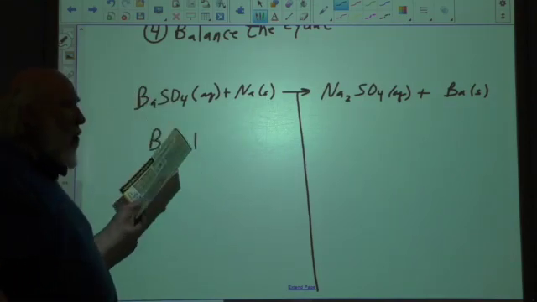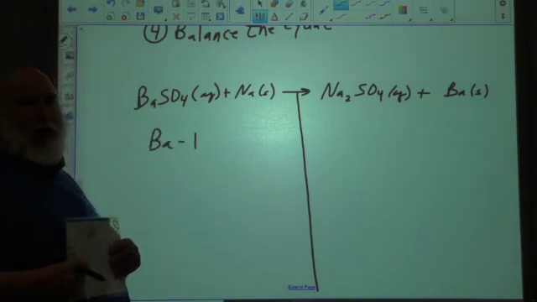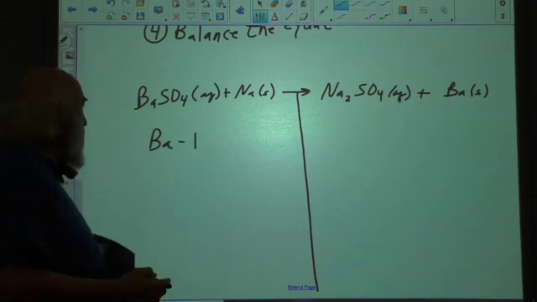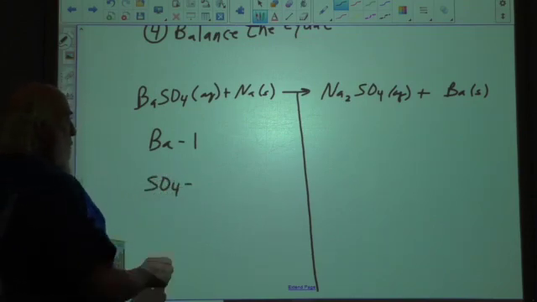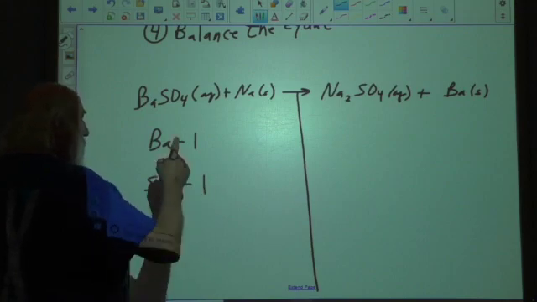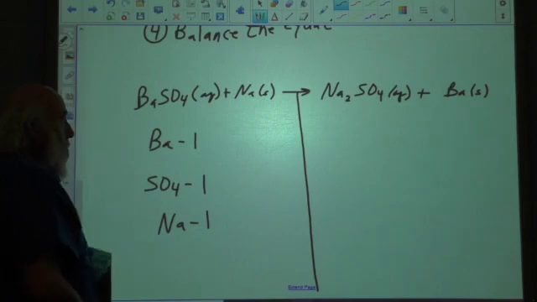Rather than split up the sulfur and the oxygen into two different elements here, we're going to pretend a polyatomic ion is an element. So I'm going to write SO4 right here, and we have one of those. Sodium, we have one of those.